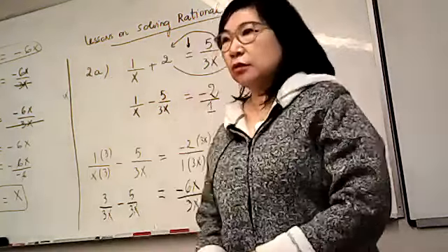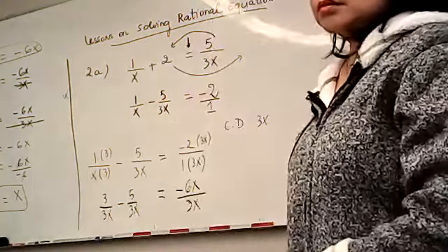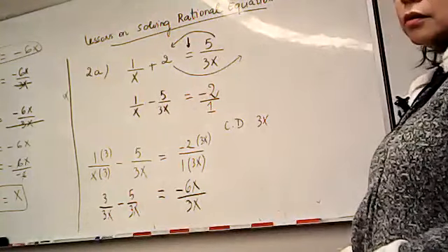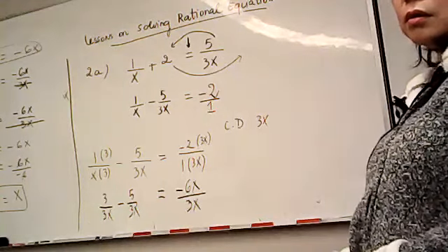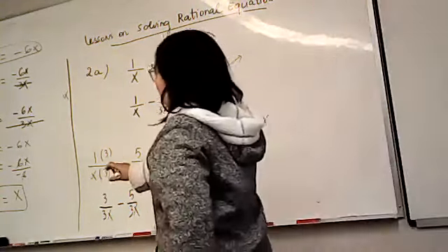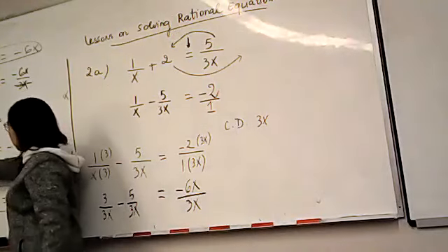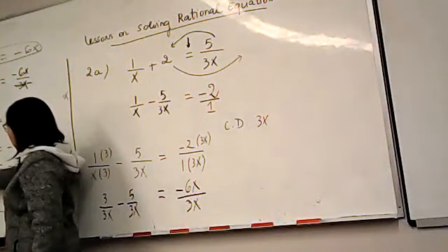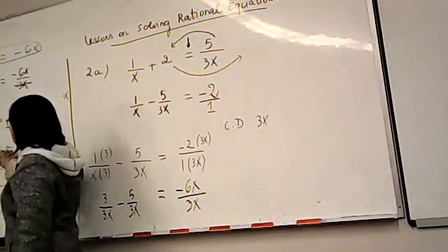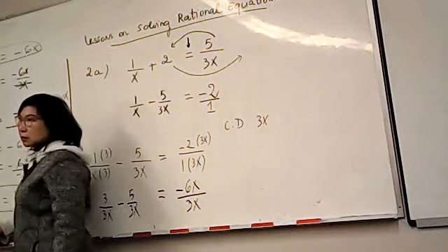Any questions for that? Do you understand it or not? Andrew, do you understand it or not? Yes. What did you do with the last one? The last part, I just subtracted the integers. I said 3 minus 5 equals minus 2. And the right-hand side is just minus 6x.